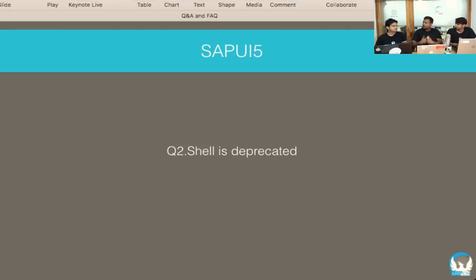Mostly from a UX perspective, what shell actually does is it gives you a frame, and as a developer, you don't have to rethink much of the UX. Shell is to be used where you don't have to think much about UX.